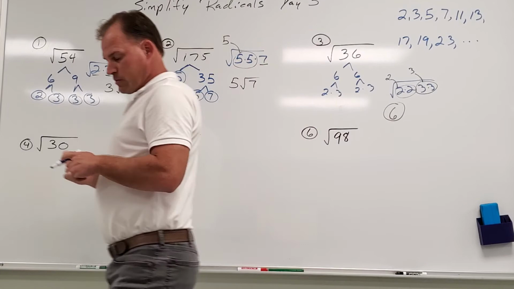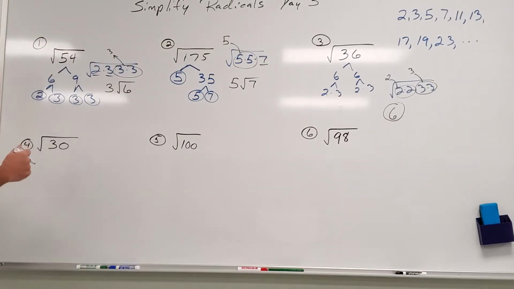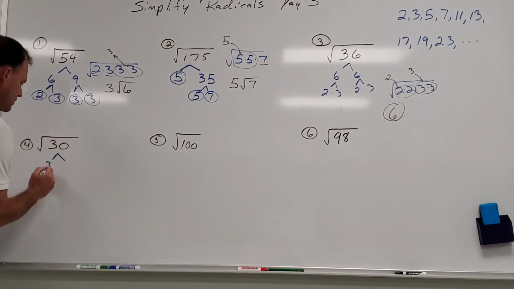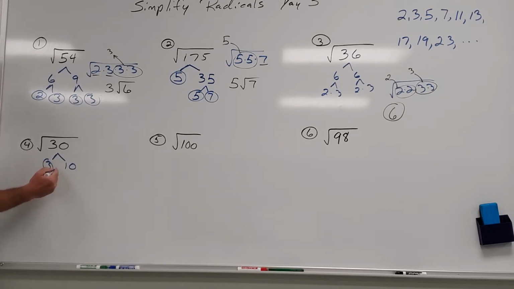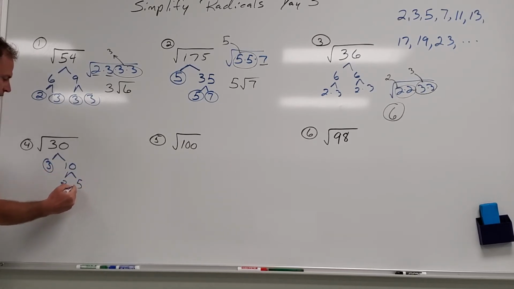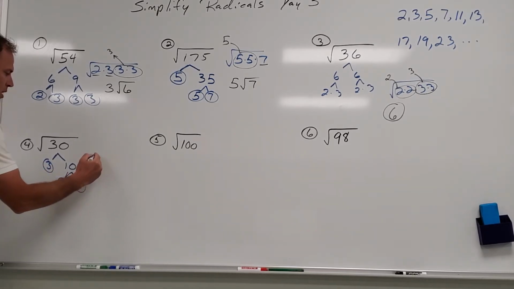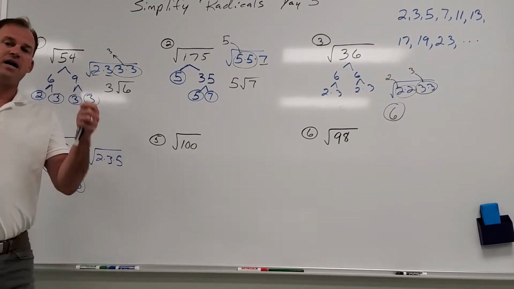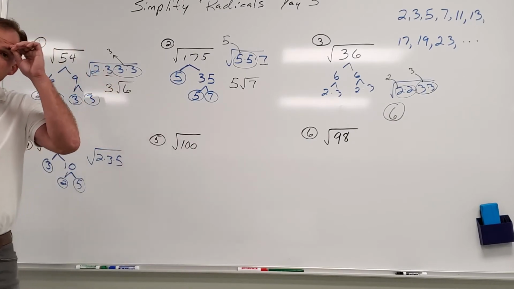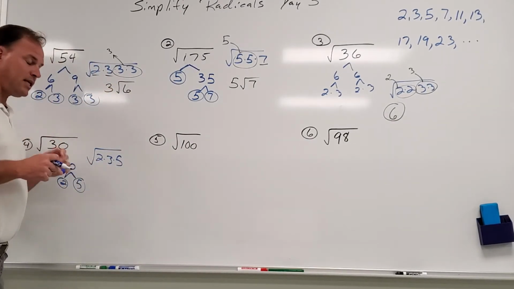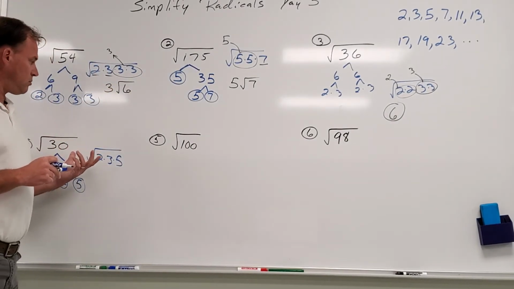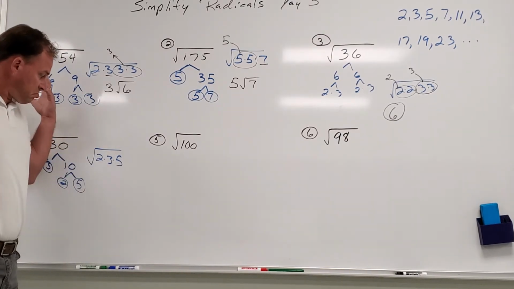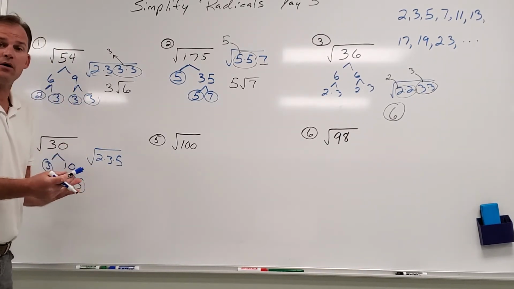Number 4, square root of 30. What goes into 30? 3 times 10. 3 is prime. 2 times 5. Prime and prime. So I've got 2, 3, and 5. Find pairs of numbers. Is there anything that these have in common? No. There are no pairs of numbers.